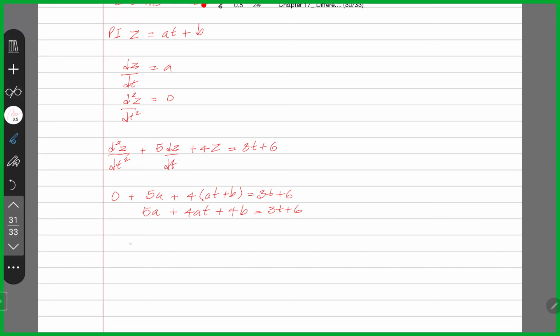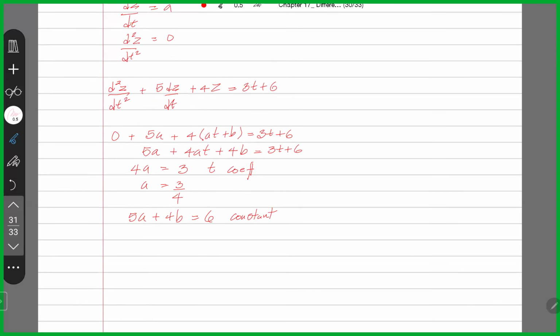So now we have 4a is equal to 3. This is the t coefficient. And so a is equal to 3 over 4. We also have 5a plus 4b is equal to 6, the constant.